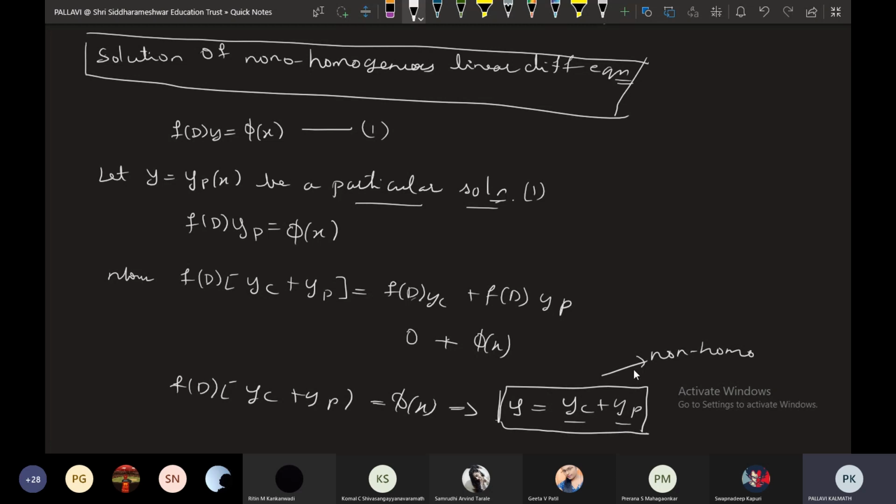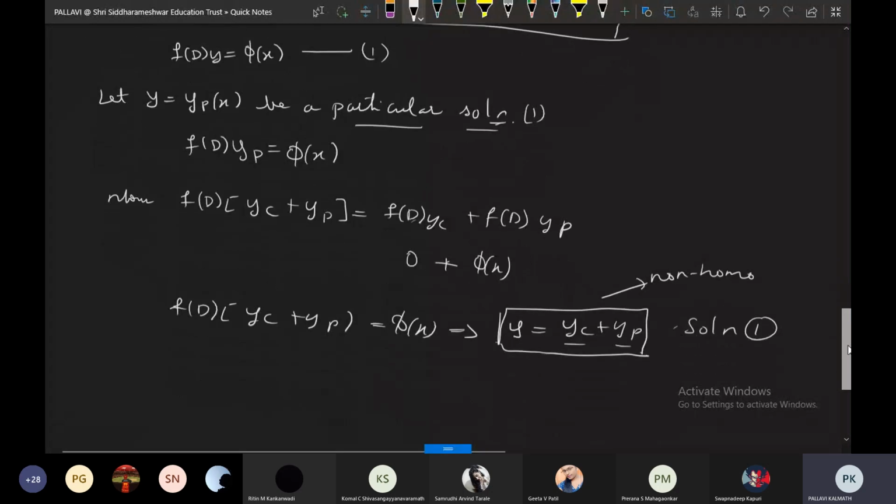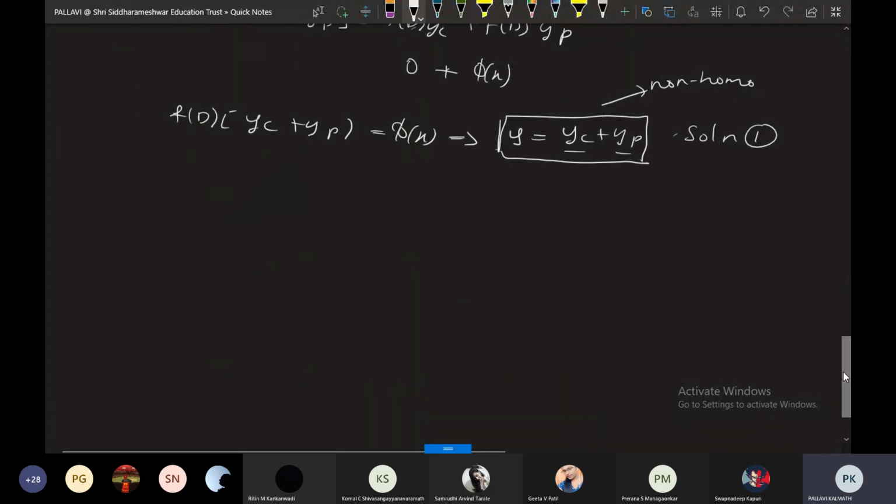This gives the solution of equation 1. So write down, where yp represents the particular integral, yp is known as the particular integral.